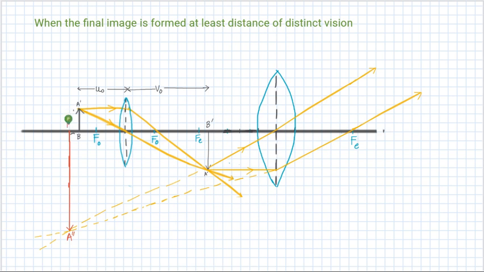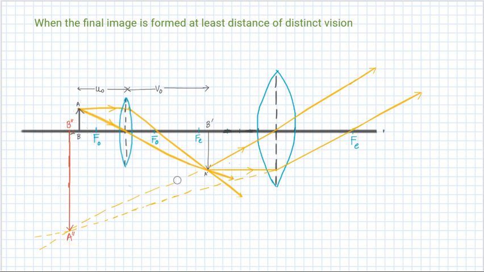So to summarize, the object AB forms a real and inverted image A dash B dash. This inverted image acts as an object for your eyepiece, and it forms a virtual image A double dash B double dash. So I can say the object AB forms a final image A double dash B double dash.